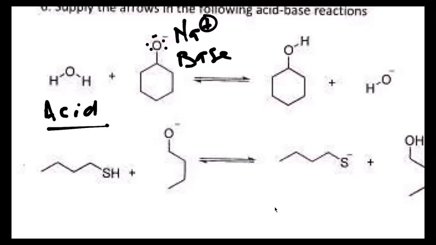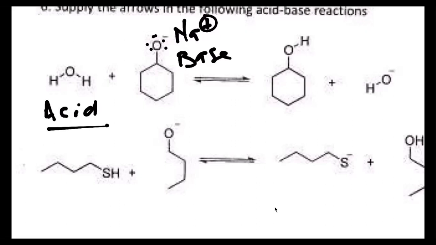You'll always have a counter ion with oxygen. Any negative atom is going to always have some type of counter ion around it. All right? Okay. So now that's my base, that's my acid.